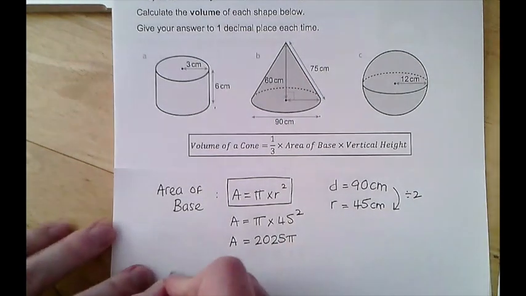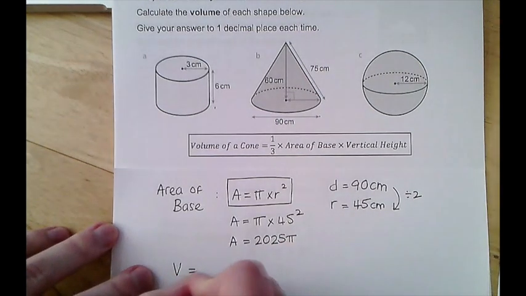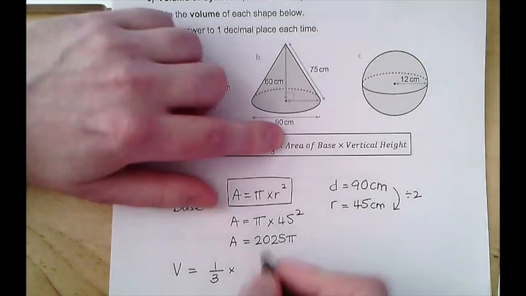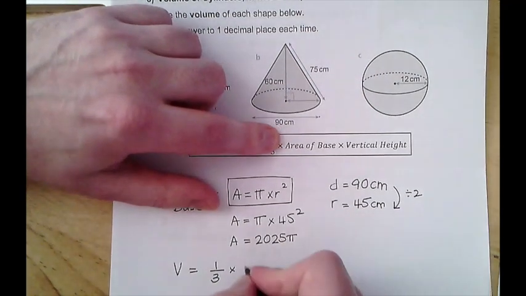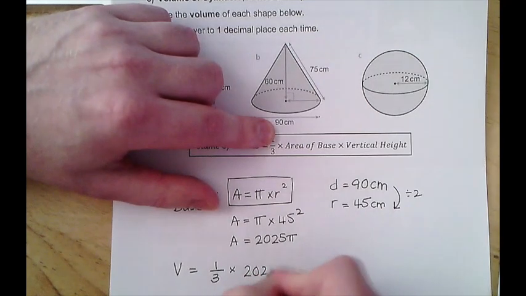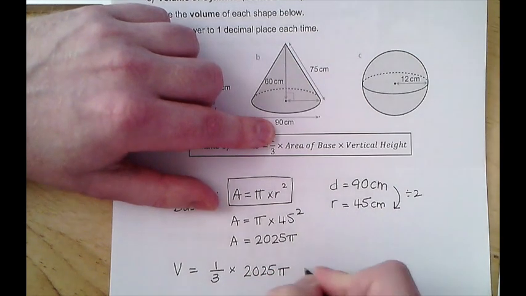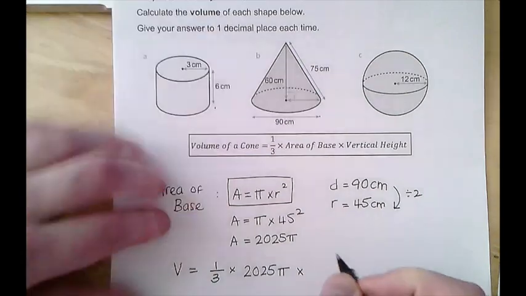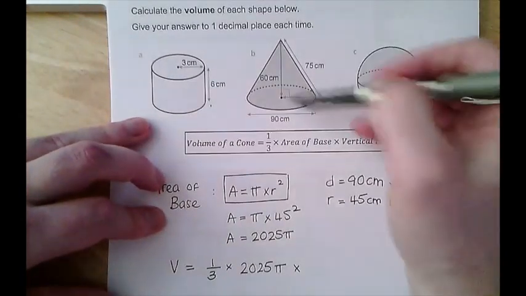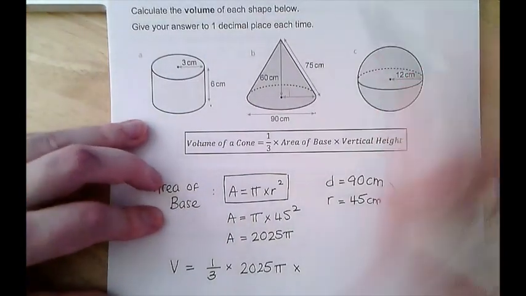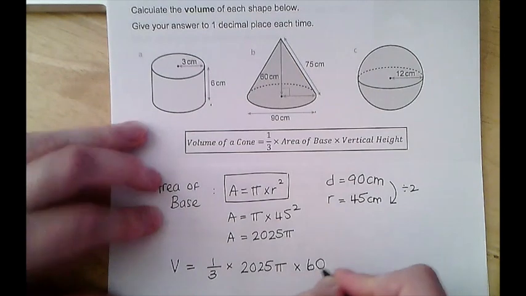So therefore the volume is a third of the area of the base. Well, we've just worked that bit out. Multiplied by the vertical height. Now the vertical height is the 60, not the 75. Multiply that by 60.